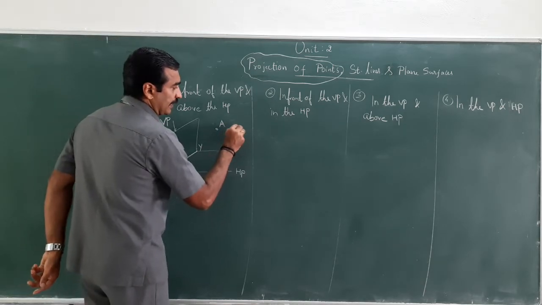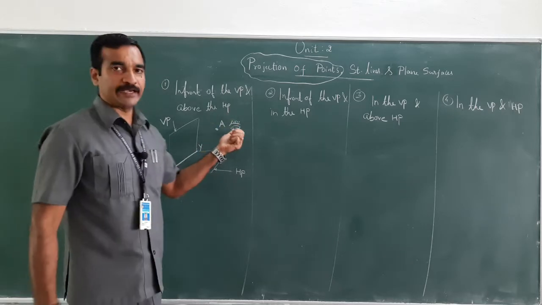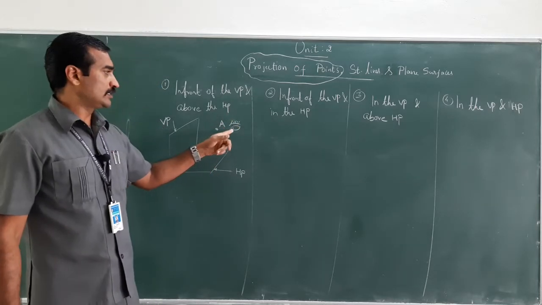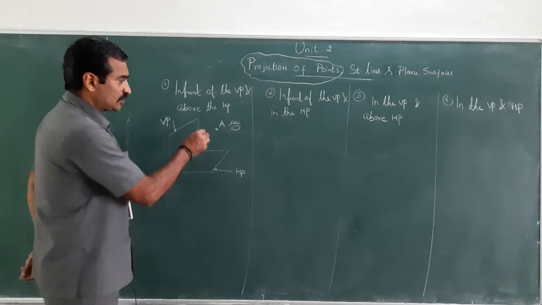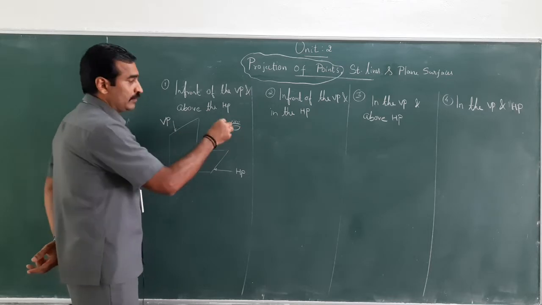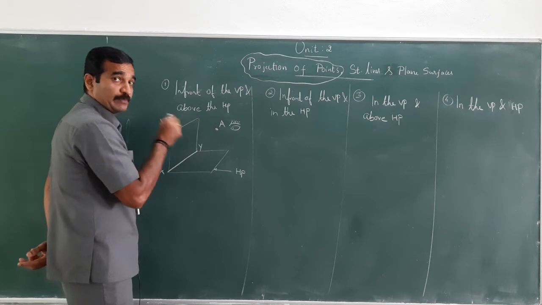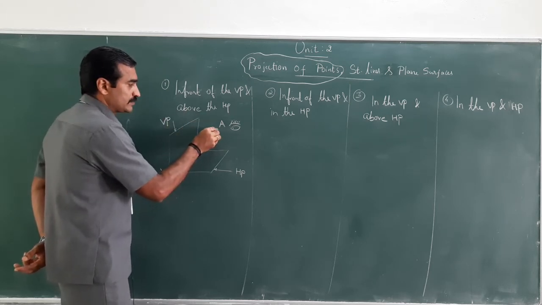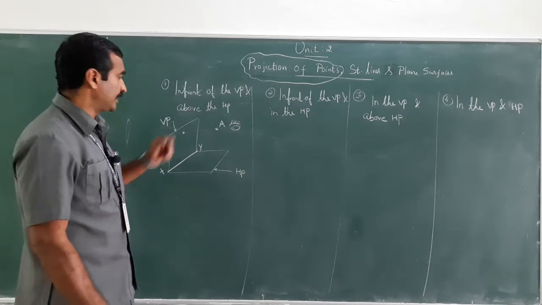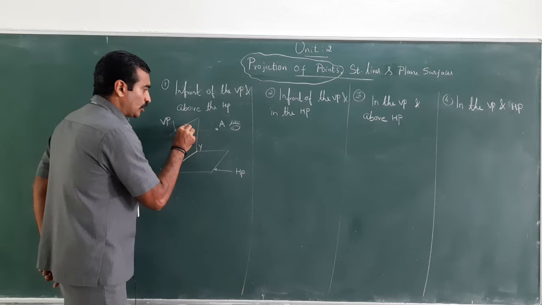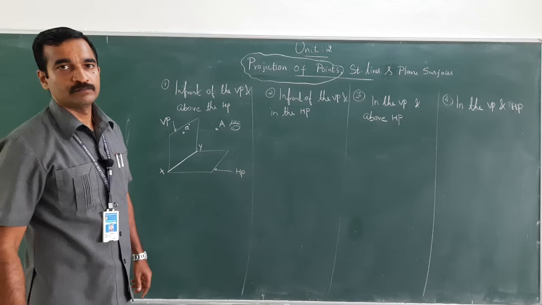The observer is here, now looking at the object perpendicular to it, and its projection falls on VP. This is the front view. This is the projection and this is where it is obtained. Since it is a front view, it can be denoted with a dash, a dash, right.